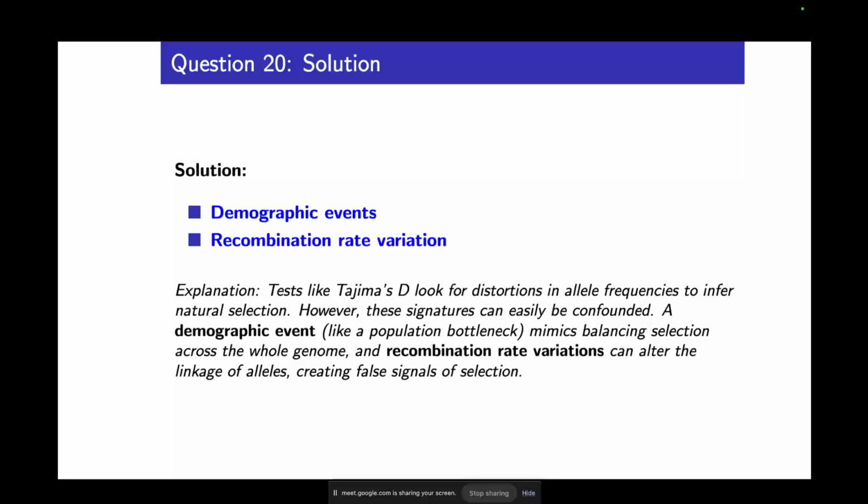So that is not a signature of selection or evolution. It's the biology itself. It's how the meiosis is happening. And recombination rate variations can affect the linkage of the alleles, which two alleles would be inherited together versus which won't. And it can create these false signals of selection, but actually it's just the biology working itself.